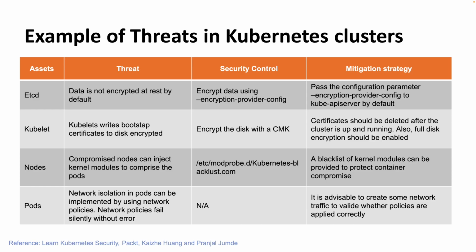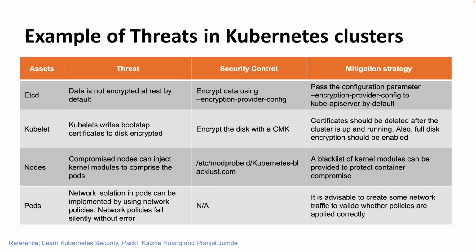Now, I wanted to highlight some examples of threats we can have in the Kubernetes cluster. In this case, I put some threats. For example, the first one, etcd. As I said in my introduction, in the case of Azure Kubernetes Service, etcd is a critical component, because we store all the Kubernetes secrets and all the Kubernetes configuration in this key-value store.